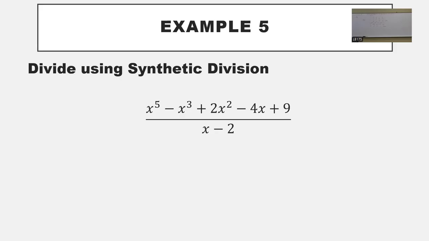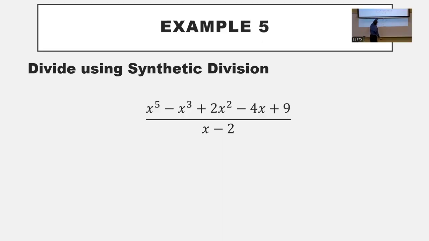And in fact, you can do really large problems using synthetic division pretty quickly. So let's do this example.